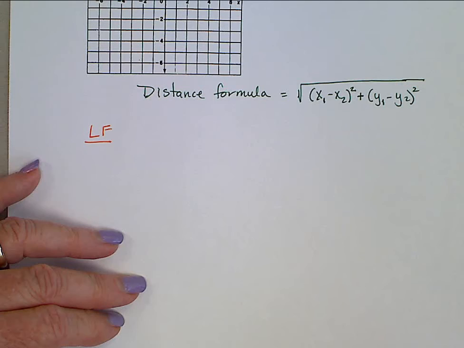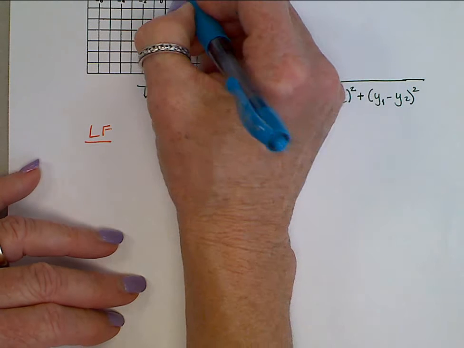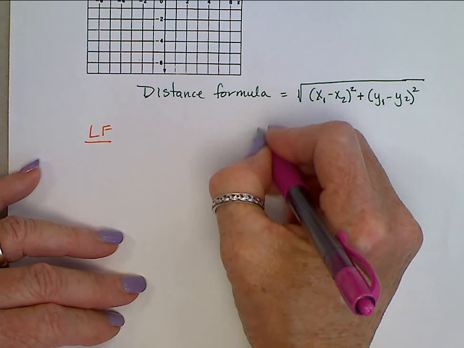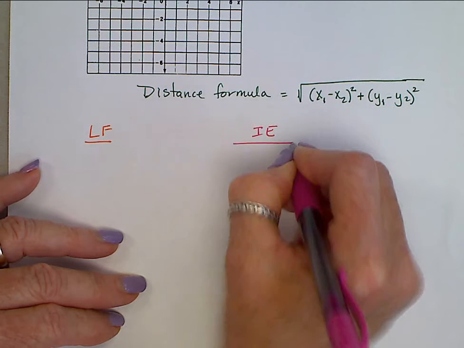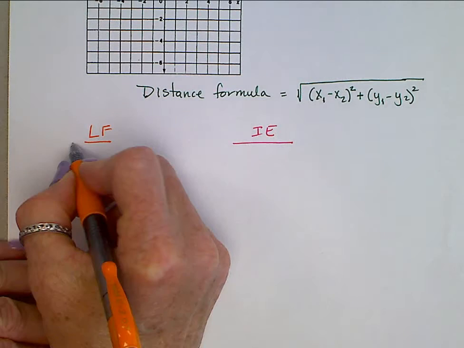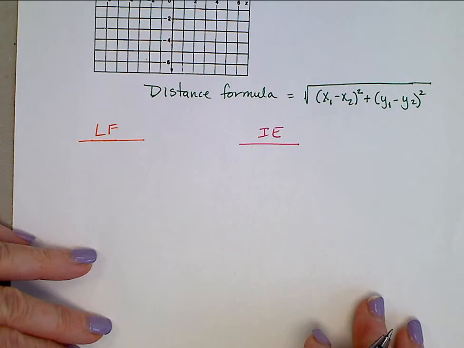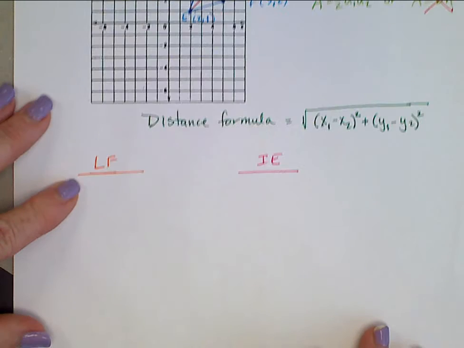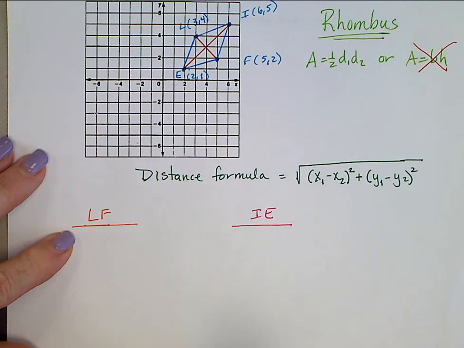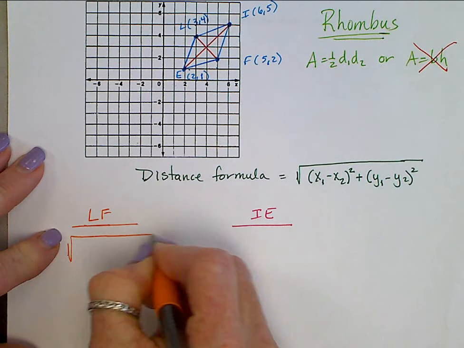I forgot to label this point down here as E. IE. So let's go through and find the length of each of these. LF, the length of that segment.